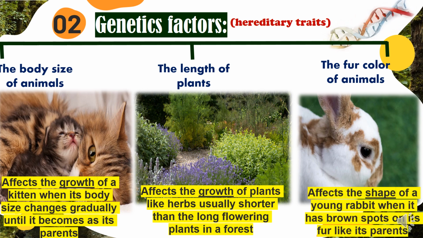Number three, the fur color of animals, like this picture in front of you, affects the look of the young rabbit when it has brown spots on its fur like its parents.